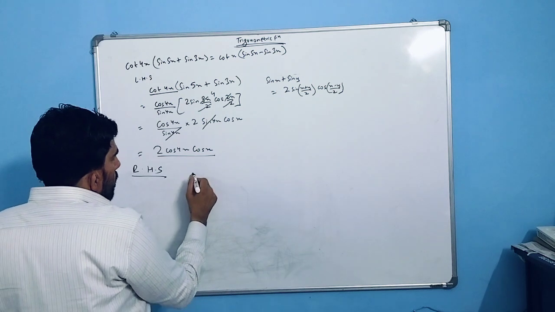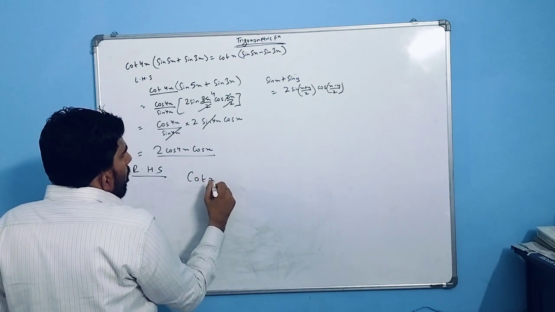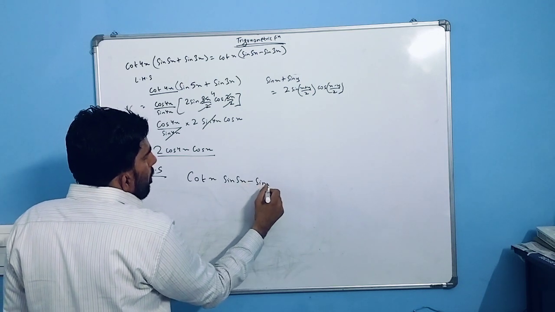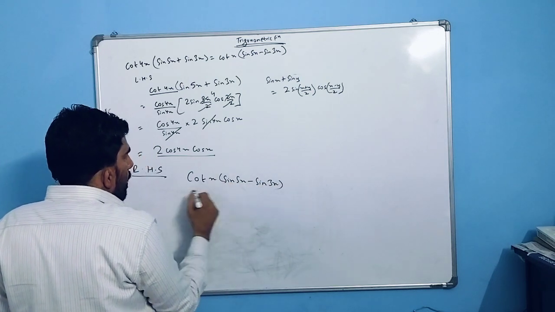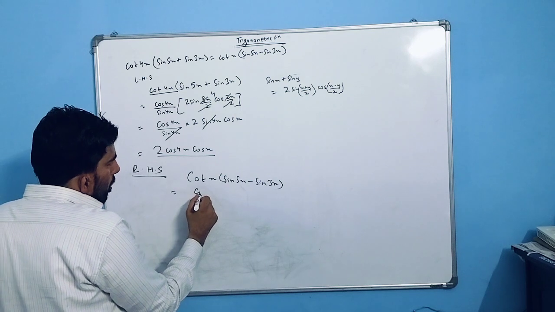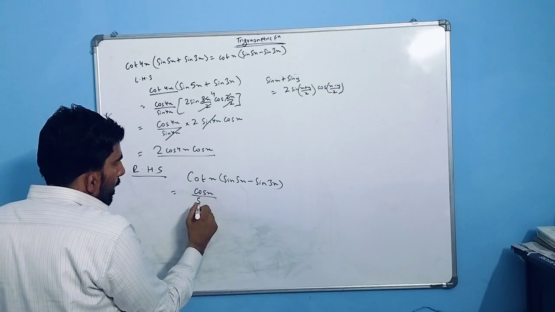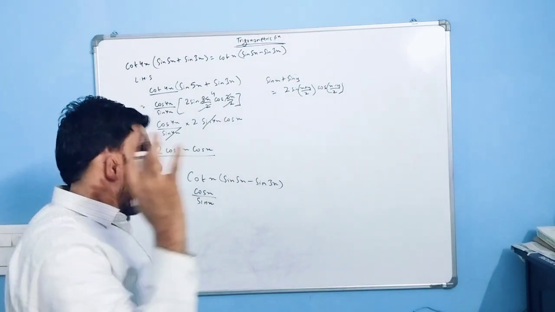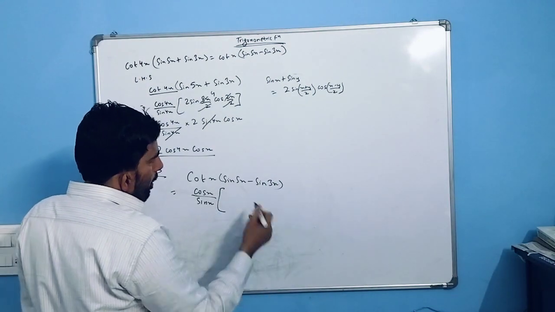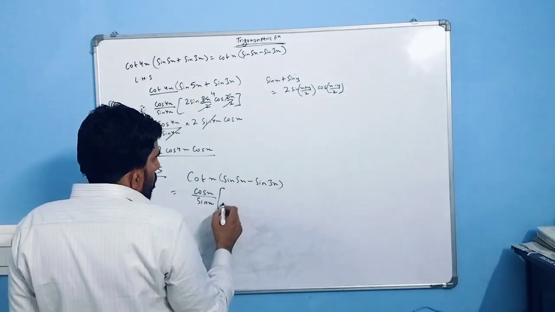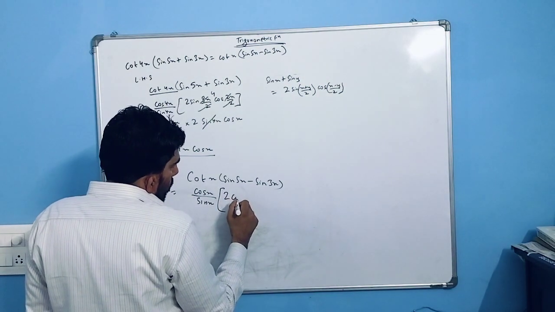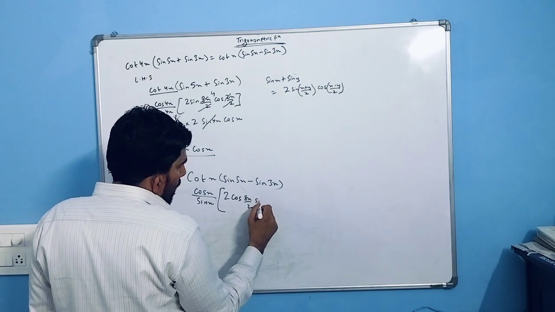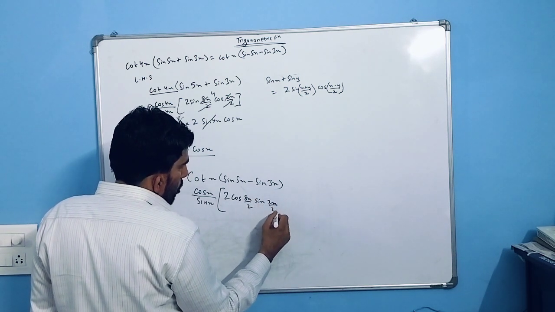Now for the RHS, it will be cot x, now sin 5x minus sin 3x is given. Again I can write cot x, that is cos x upon sin x. We all know that cot x is a reciprocal of tan x. Now sin x minus sin y is 2 cos of (x plus y) by 2 into sin of (x minus y) by 2.